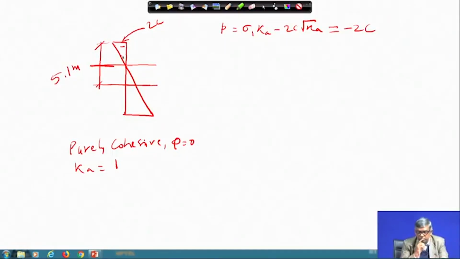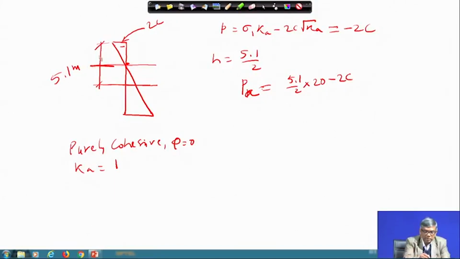Suppose at the depth 5.1 by 2, the pressure is 0. So, at H equal to 5.1 by 2, P_A will be equal to 5.1 by 2 into gamma, which is 20, minus 2C root K_A, meaning 2C.